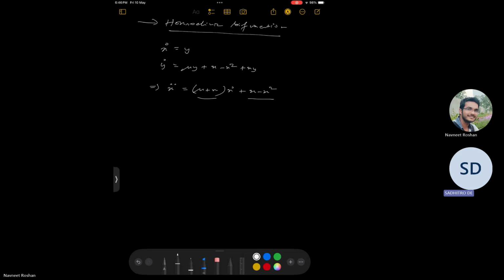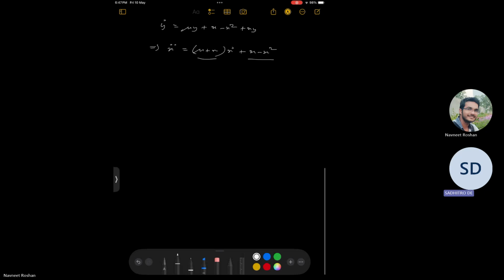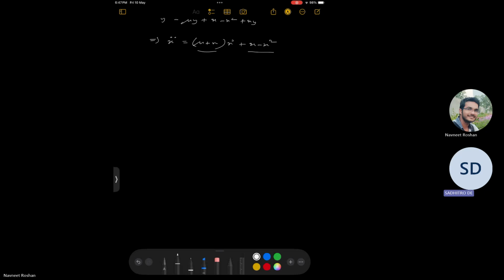Now, what we mean by homoclinic bifurcation is as follows. One can analyze the system carefully, but I will just show over here what it basically means. When mu is below a critical value, the phase portrait of the system basically looks like this, for mu less than some critical value mu c.